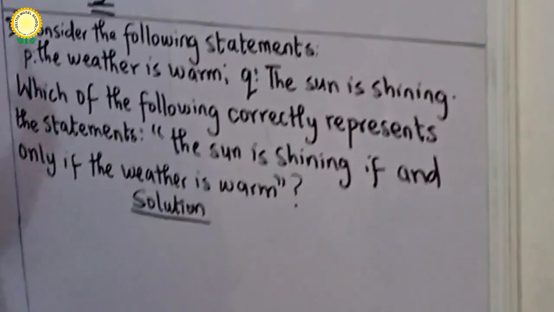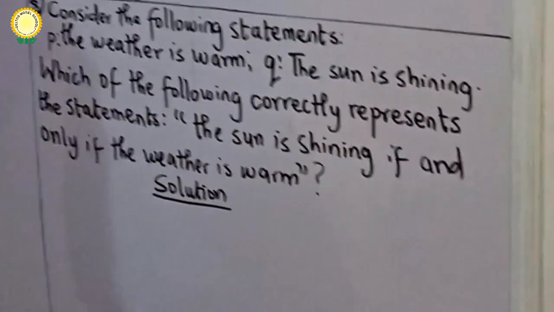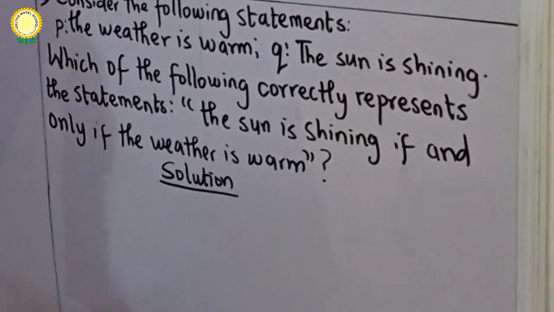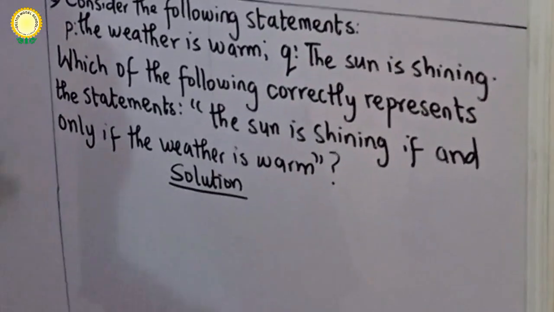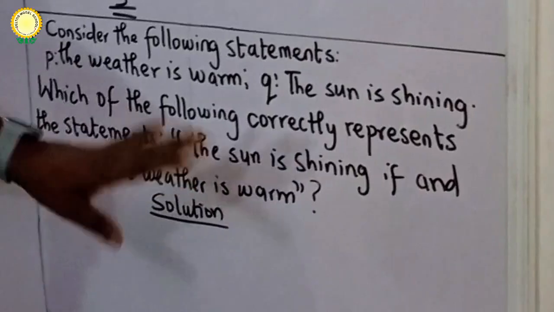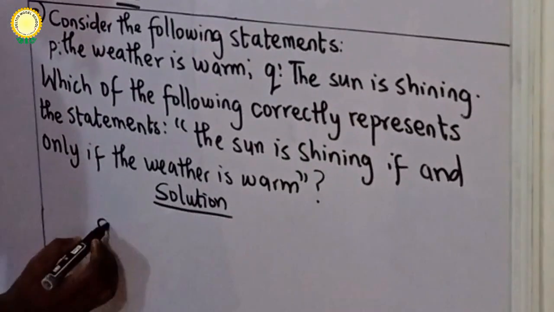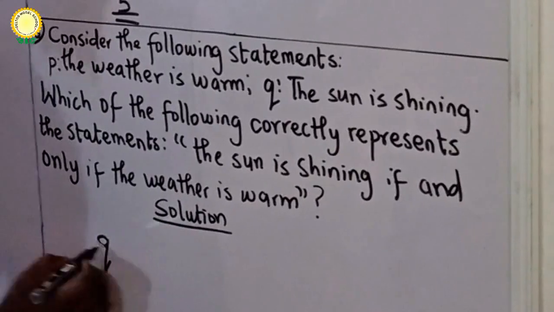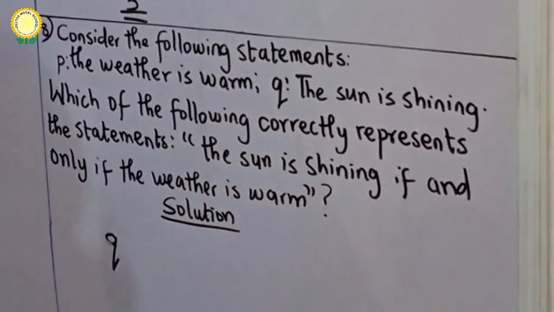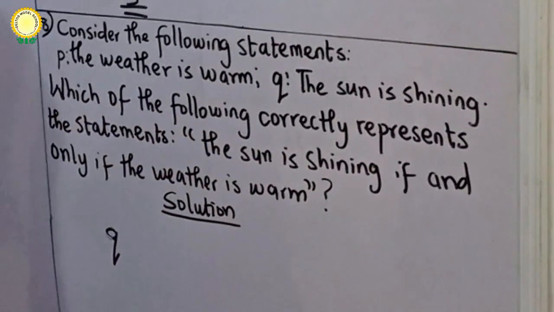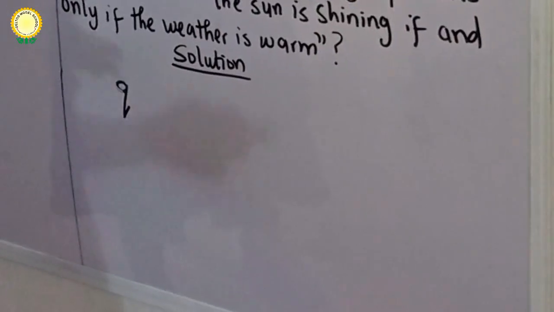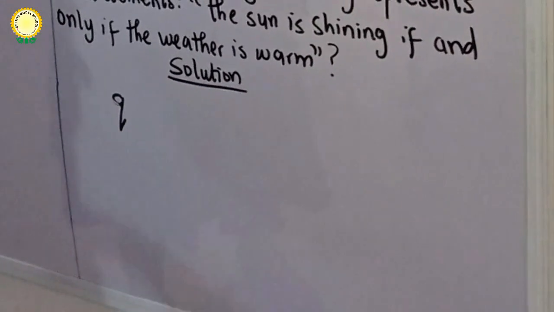Okay, so if and only if, so these two statements are positive statements. There is no negative statement here, so we can easily say that the sun is shining, is what? Q. If and only if the weather is warm.